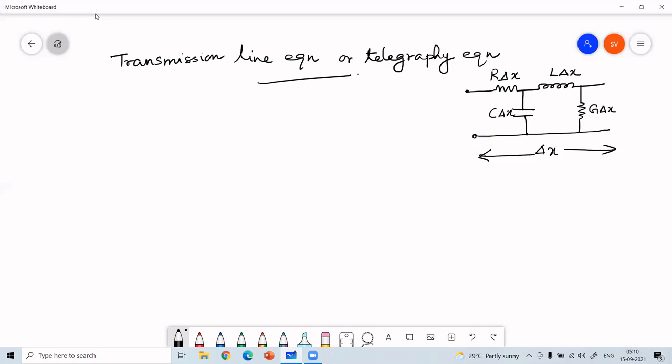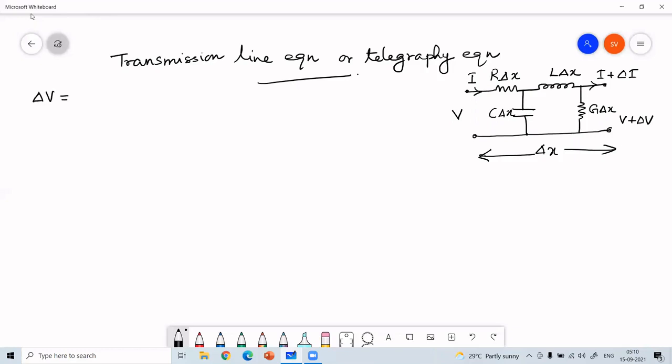Now, suppose that the voltage at the input side is V, and at the output side it is V plus delta V, and the current at the input side is I, and the current available at this side is I plus delta I. Now let us try to write the difference in voltage, that is the expression for delta V. How can we write delta V?